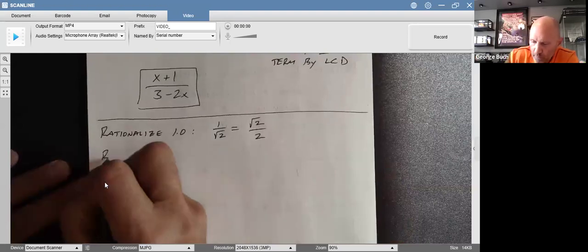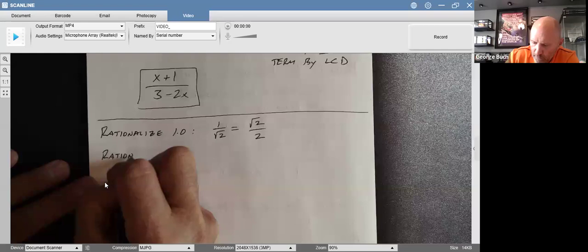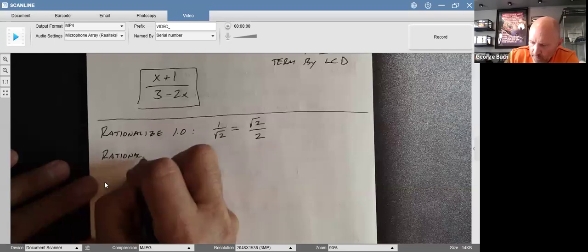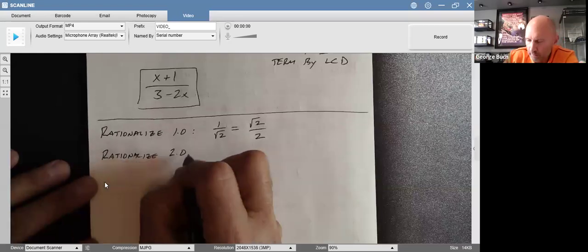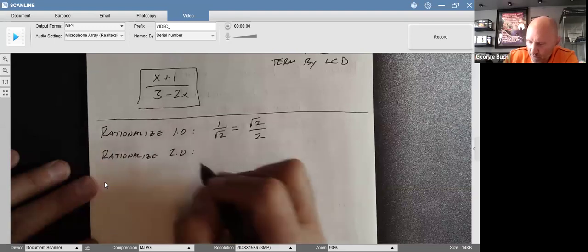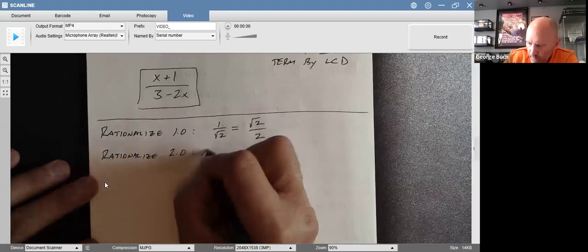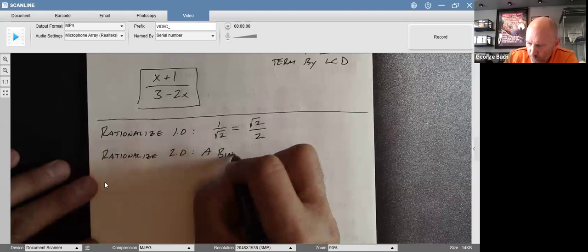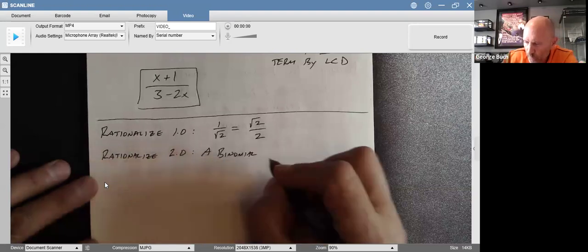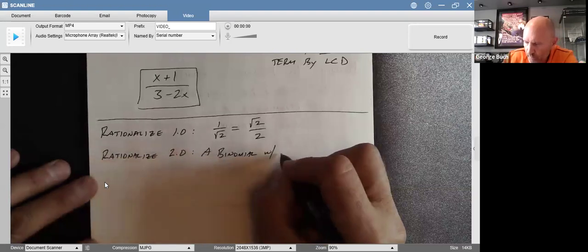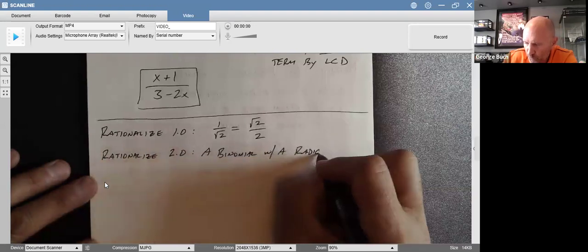But now we're going to rationalize and call it 2.0. This is where we have a binomial, so two terms with a radical, or it could have two radicals.